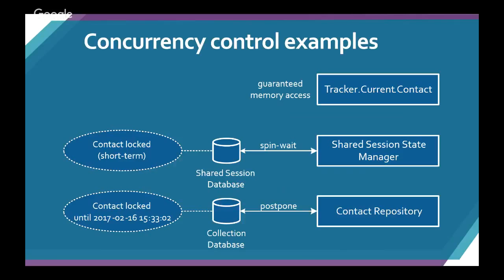And it's something that works pretty well. It may also be confusing for some people who are not familiar with these concepts of several types of locks and storages and all the workflow. So the contact gets through the collection database, through the shared session state, into the tracker.